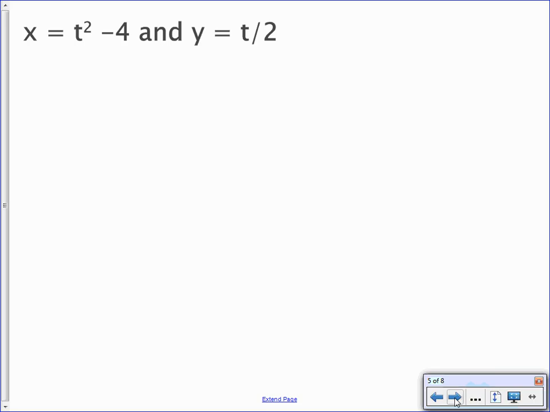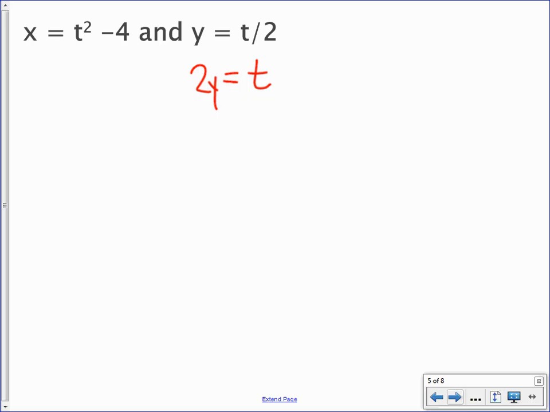Let's find out. Okay, so we need to decide which equation would be the easiest to solve for t. Y would definitely be easier because we don't have that square, all right? So if we're going to solve for t, t equals 2y. All right?